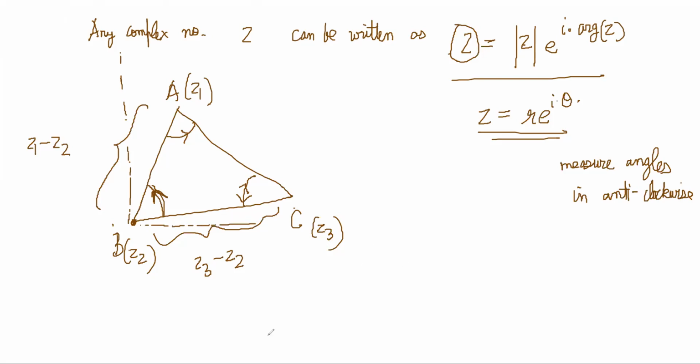Okay, I will draw a better figure, 1 second. Okay, this is my A, this is my B, and this is my C. So this is Z1, this is Z2, and this is Z3.